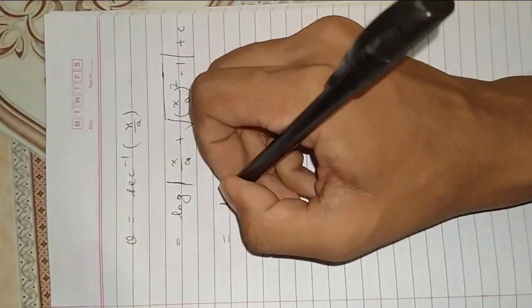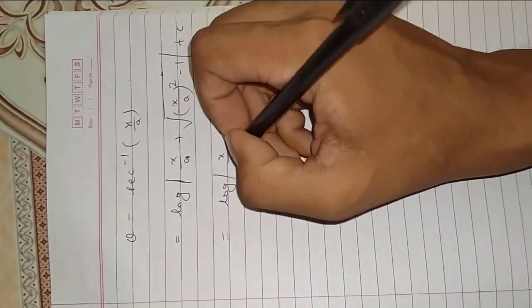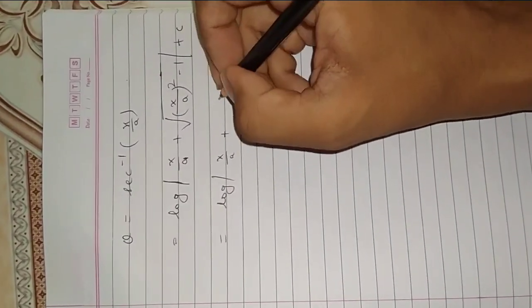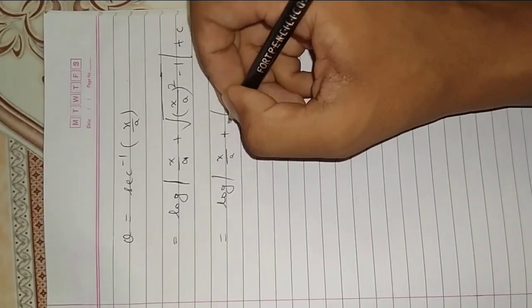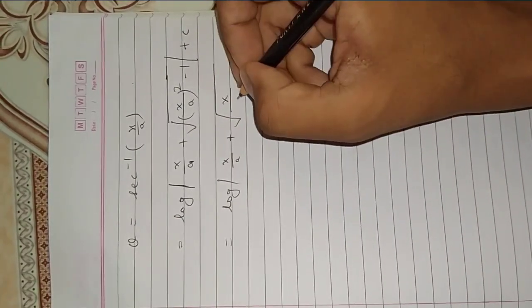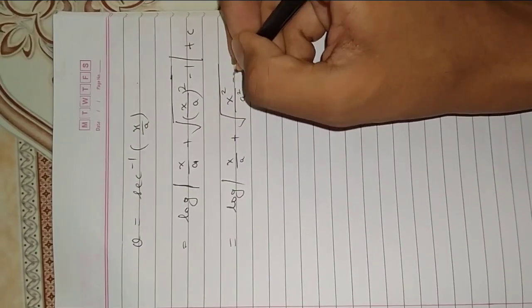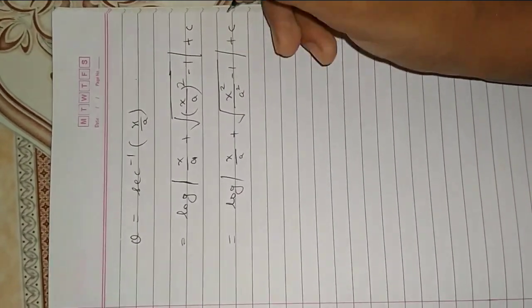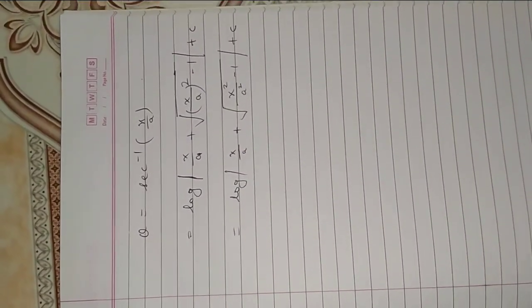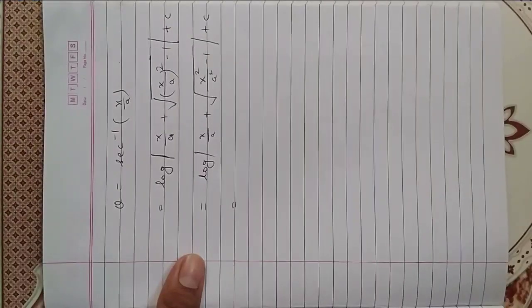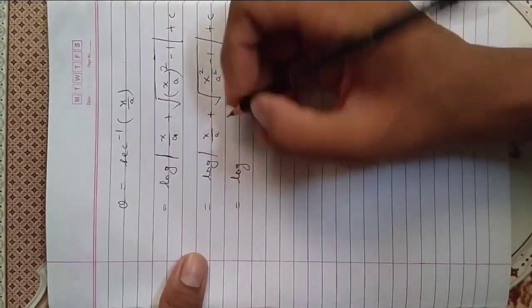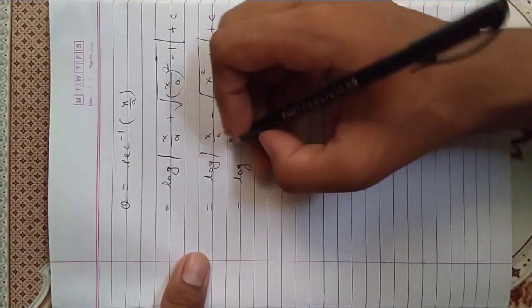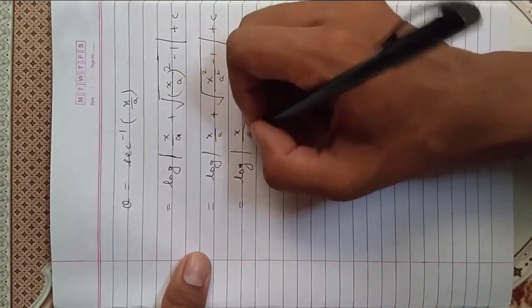So we are going to get x by a plus, here you will get root of x square by a square minus 1 plus c. So for our expression, I am going to take common and rearrange the term.